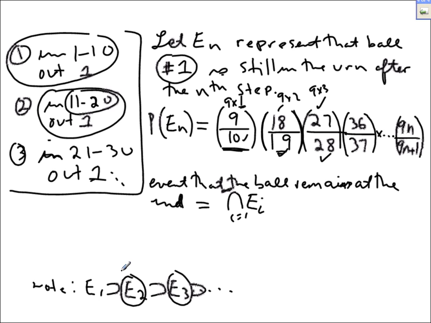Okay, how can ball number 1 be in E3, that is, still in the urn after the third step, but not be in the urn after the second step? Okay, we're not touching E1 unless we pull it out. That is, if it's there after the 50th step, it had to be there at the end of the 49th step, and at the end of the 48th step, and so on.